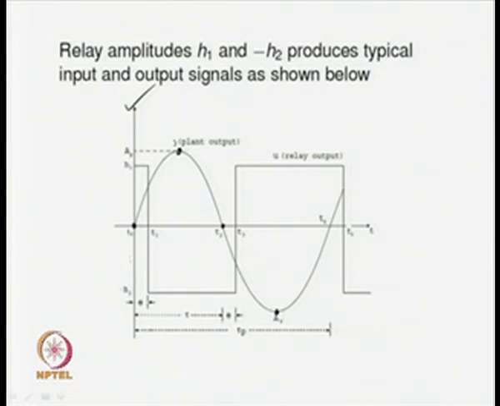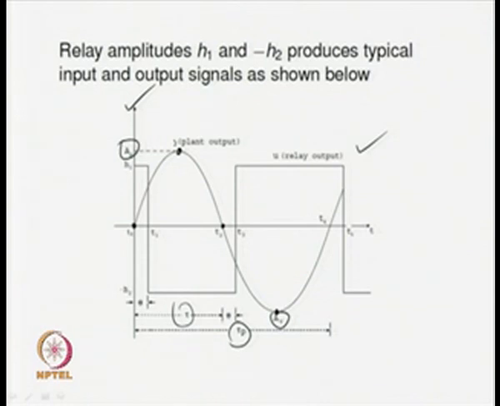Thus, we will measure tau, tau p, AP and AV. With the help of 4 measurements, it will be possible to estimate the parameters associated with a transfer function model. Is it possible to obtain further or additional information from this output signal? That we shall discuss in today's lecture.